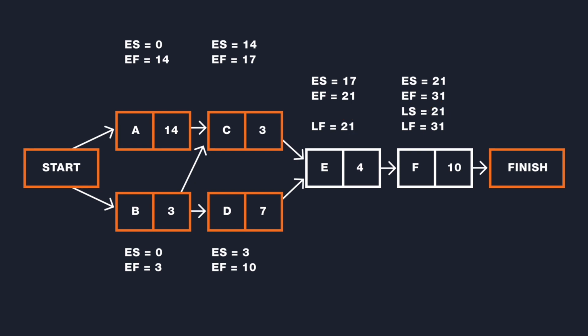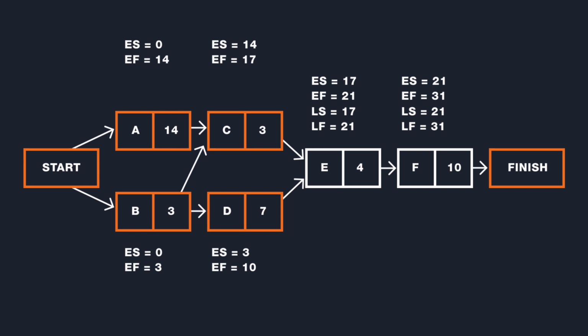We calculate the late start for activity E by taking the late finish of 21 and subtracting the activity E duration of 4 to arrive at a late start for activity E of 17. Again, we see that activity E has the same earliest start date as it does the latest start date. Activity E is a critical activity.